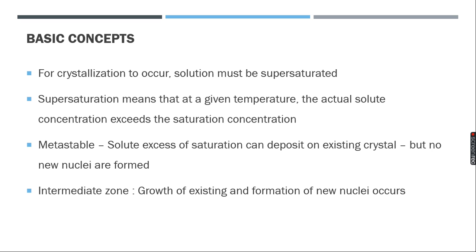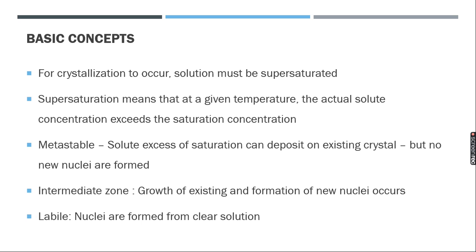We can have an intermediate zone where growth of existing crystals and formation of new nuclei can happen together. And when nuclei form from a clear solution, that is the labile zone. So depending on the extent of supersaturation, three different zones can be observed.